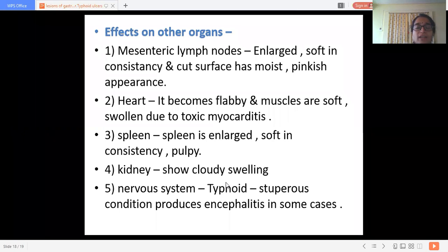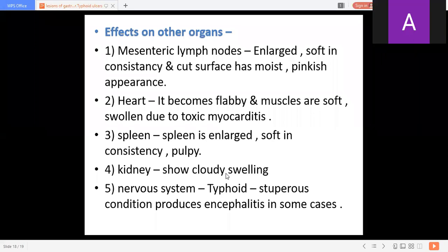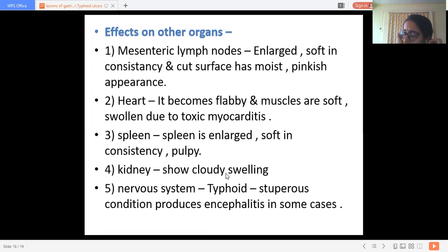Early stage of toxic degeneration. Yes, it is a part of degeneration, that is albuminous degeneration. We call it albuminous degeneration.